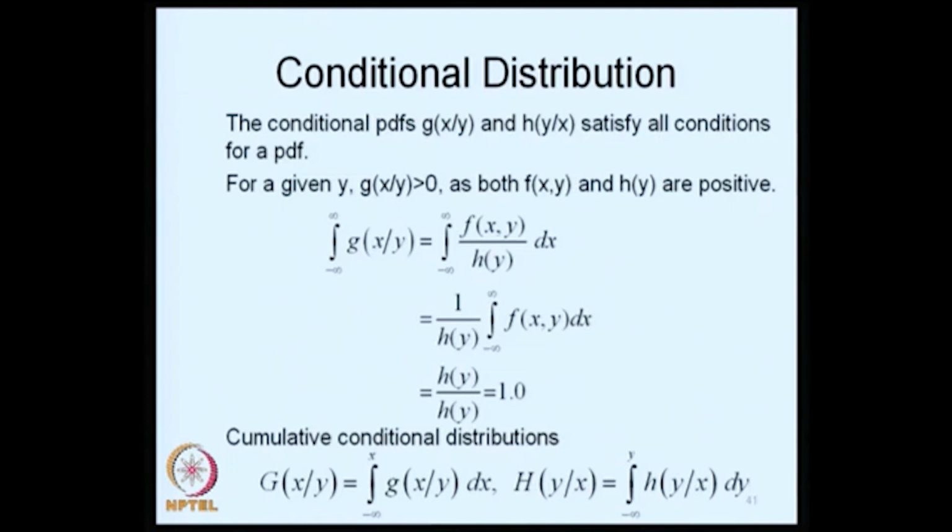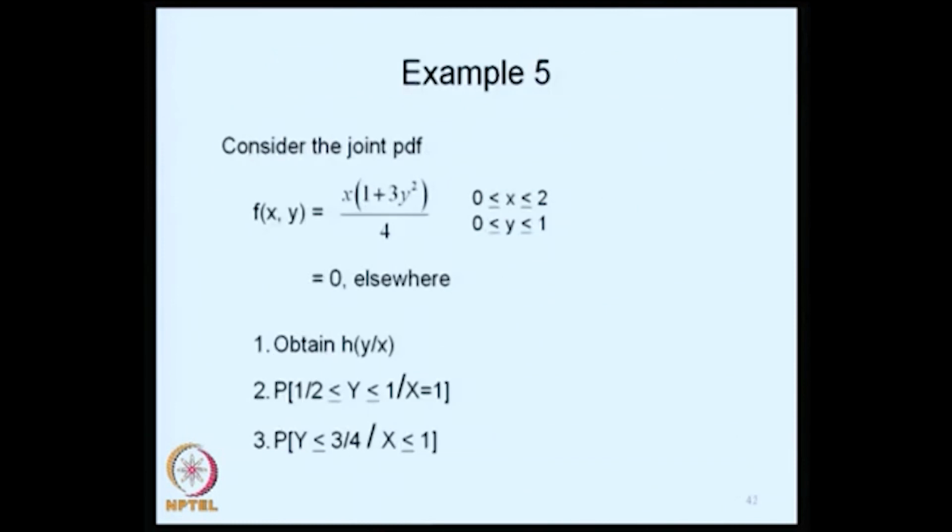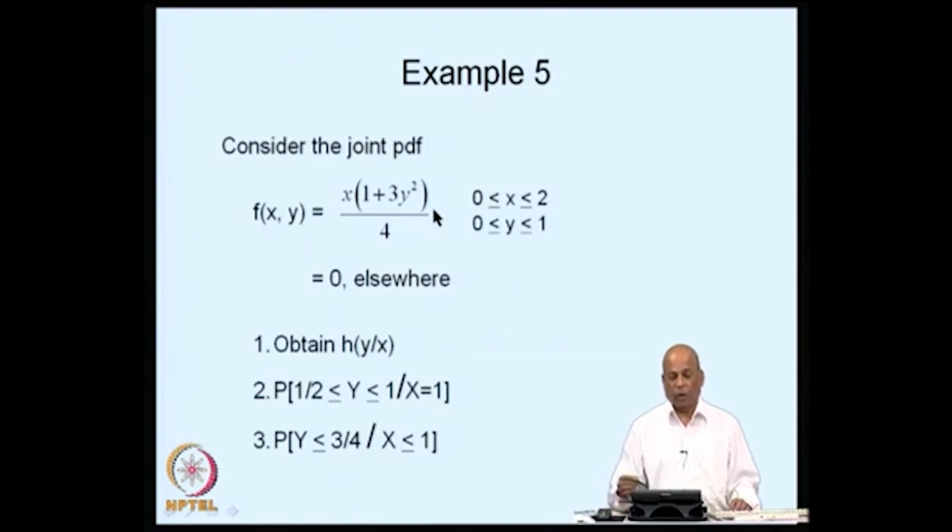From these we should be able to talk about probabilities such as the probability that x takes on certain values given that y has taken on a certain value y. So, let us see how we apply these. Let us take the joint PDF f of x y given by this expression here and defined over this region.